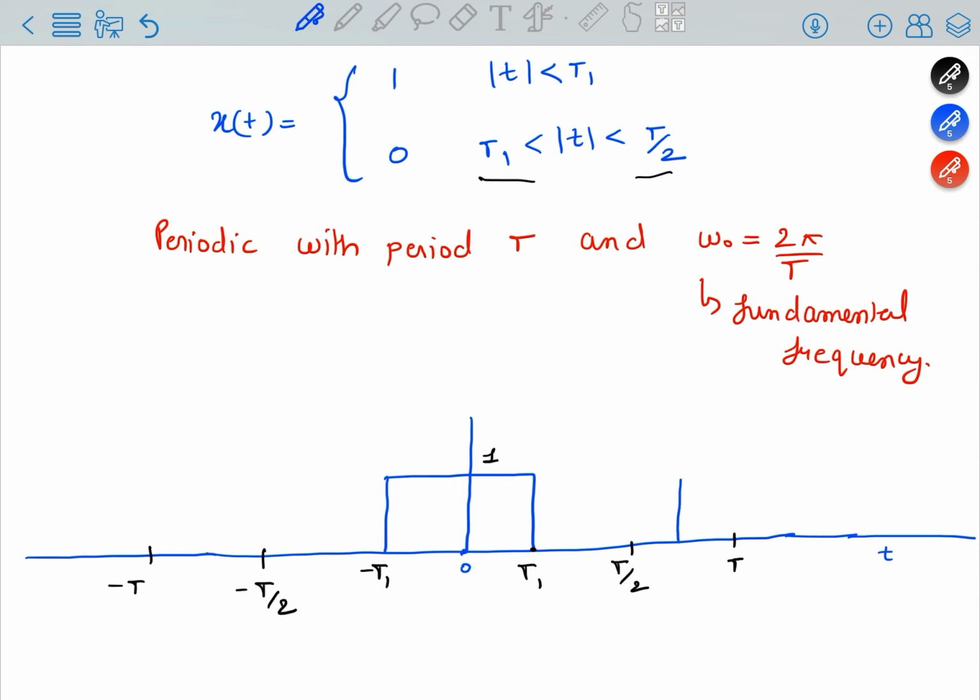The same signal will be seen after a period of T, similarly for minus T, and it will repeat further for 2T and minus 2T, 3T and minus 3T, and so on. So in this manner it is a repetitive and periodic function. So this is your basic representation of x(t).